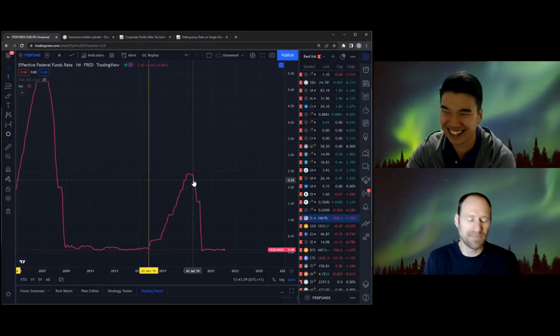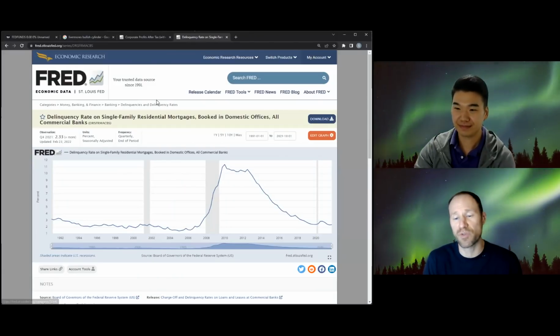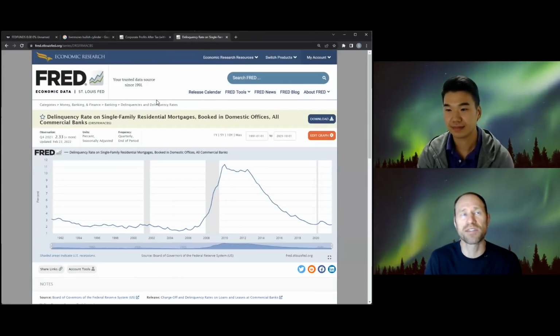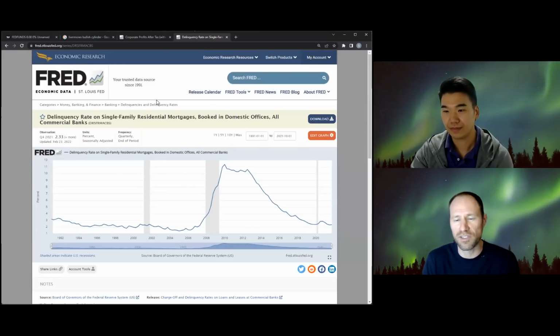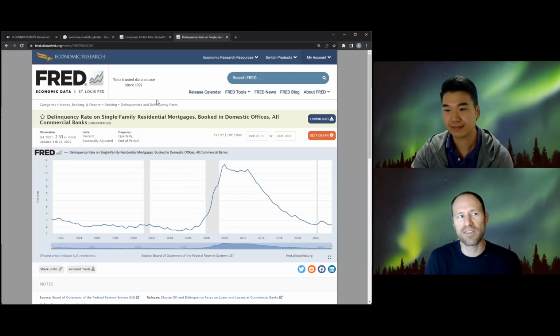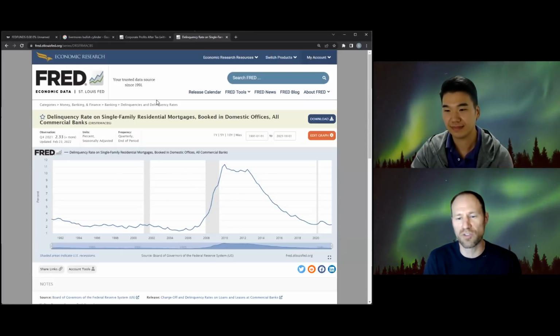Right. House prices go up and then interest rates follow, because interest rates are a function of people selling bonds due to inflation or a real negative rate. And I don't think the Federal Reserve can control rates.